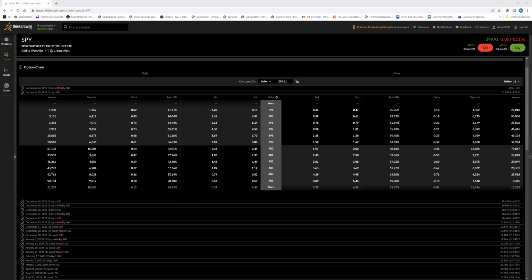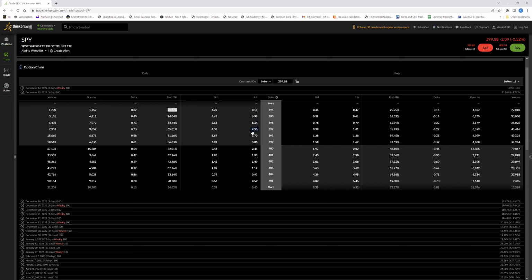Because if I'm expecting the market to go up, then at 394, I want to get in at the lowest price if I expect this to go up. So it's $800 to get in at this strike price, because the probability of the market hitting here and going way up is 71%.